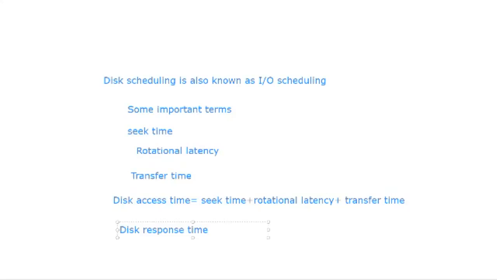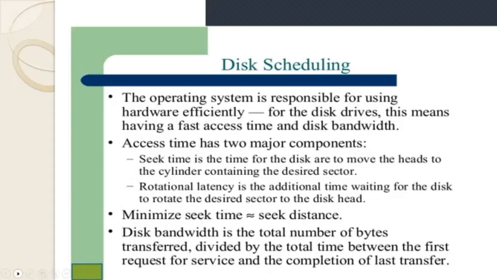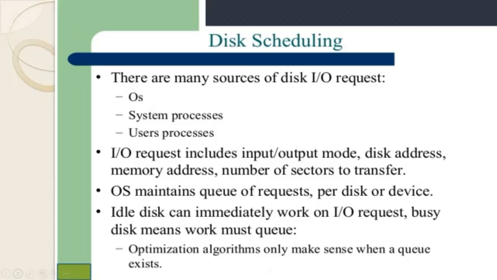You people, most of the people choose to remain silent. I don't know why. Disk scheduling: there are many sources of disk IO requests, the operating system, system processes, and a number of processes.